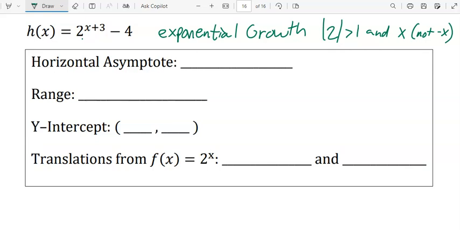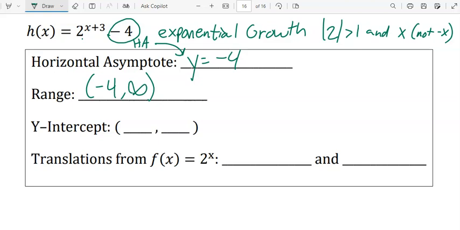The horizontal asymptote would be this number right here, y equals -4. The range would be from -4 to infinity.